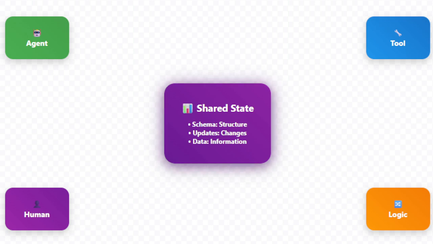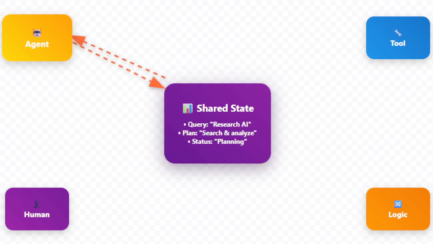Think of it as declaring schema keys like user query, tool results, conversation history, or any other schema data fields. Then the agentic node reads the current state, makes a decision, and updates the state with its plan. Notice how the state grows with the new information.